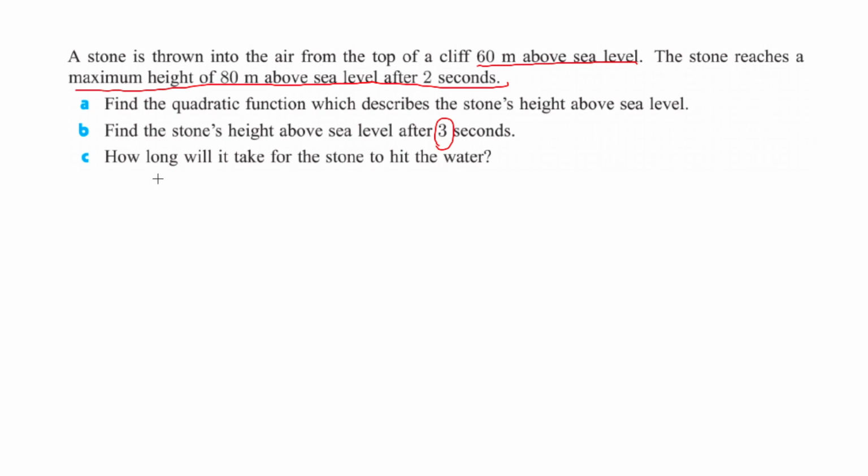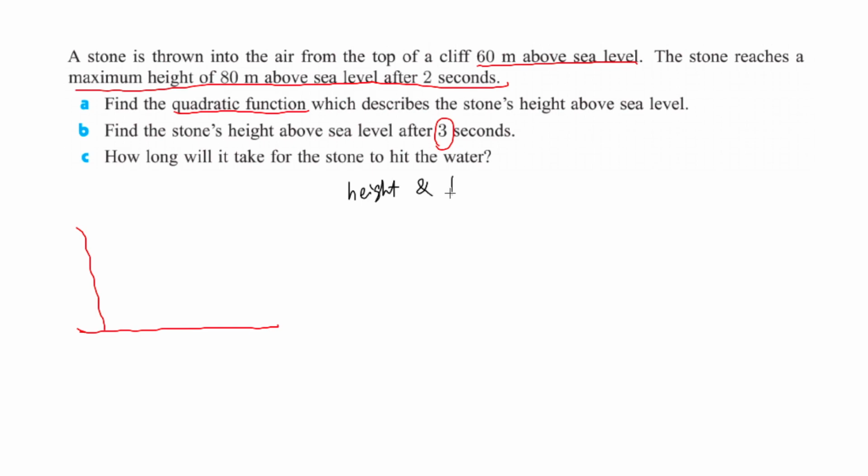So according to this question, find the quadratic function means first of all we need to set up a coordinate plane. And we can assume that this is the cliff, and here this is the sea. And we have 2 variables here. One is about the height, and another one is about the time.